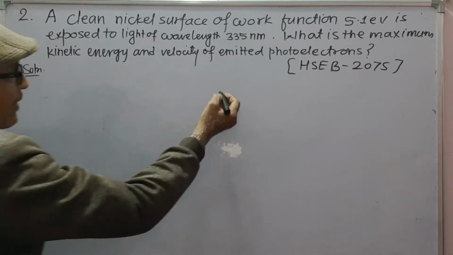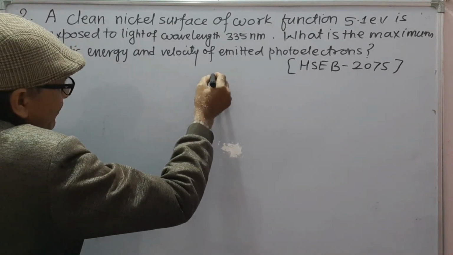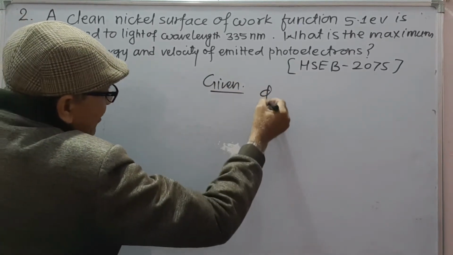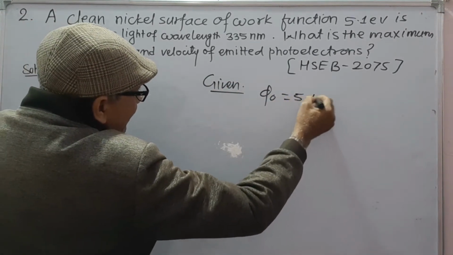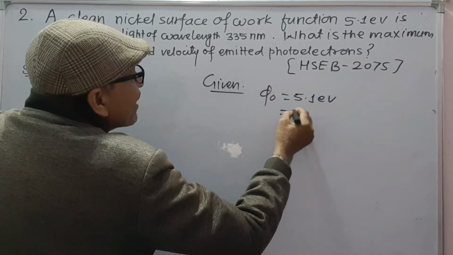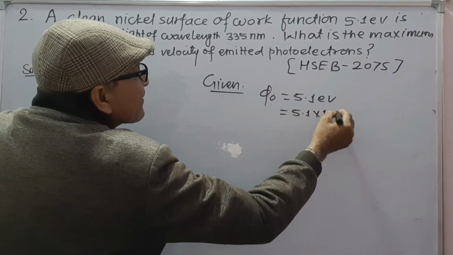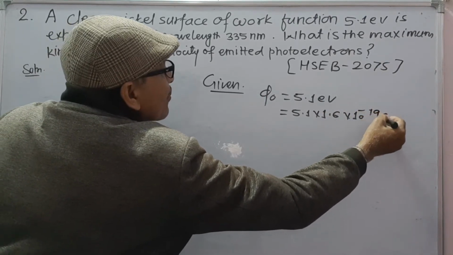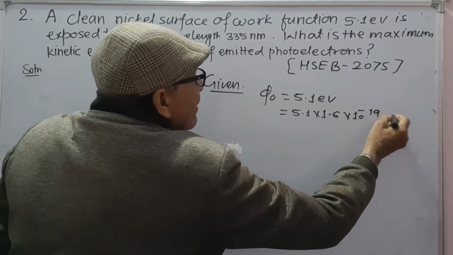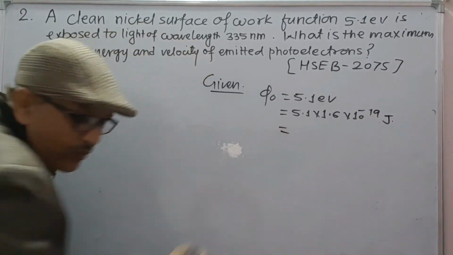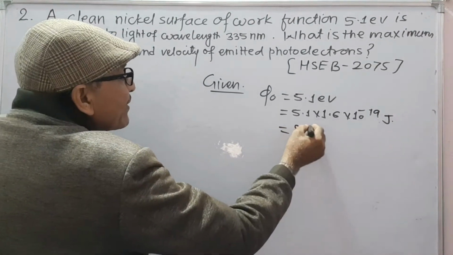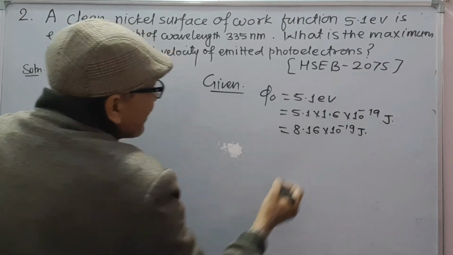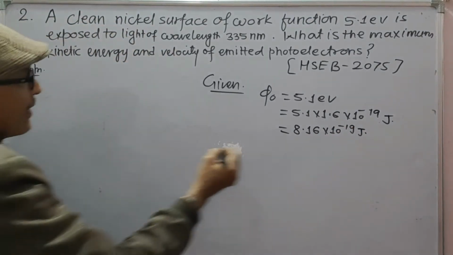Solution: here we have work function phi naught is equal to 5.1 electron volt, which is 5.1 into 1.6 into 10 to minus 19 joules, or it is 8.16 into 10 to minus 19 joule.